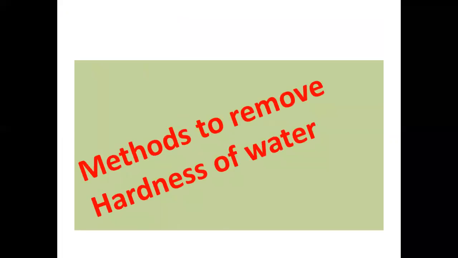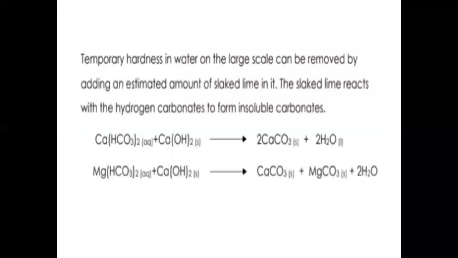Methods to remove hardness of water. Temporary hardness in water can be removed by adding an estimated amount of slaked lime to it. The slaked lime reacts with the hydrogen carbonates to form insoluble carbonates.